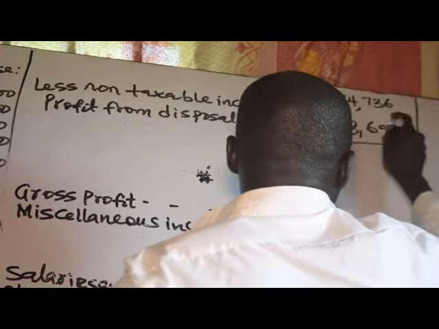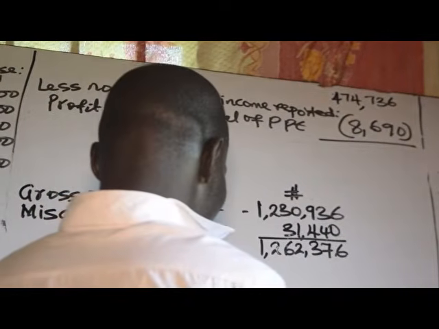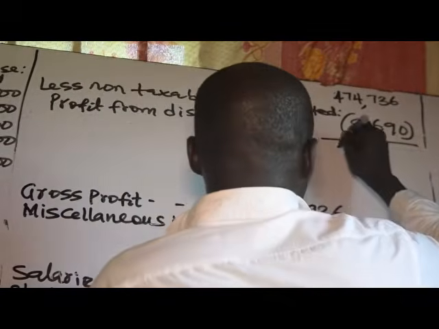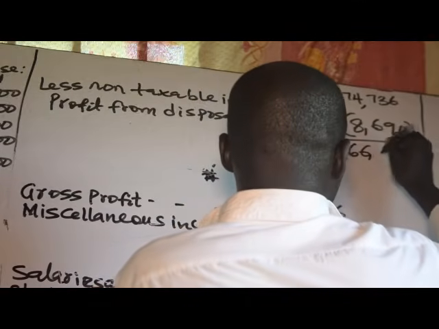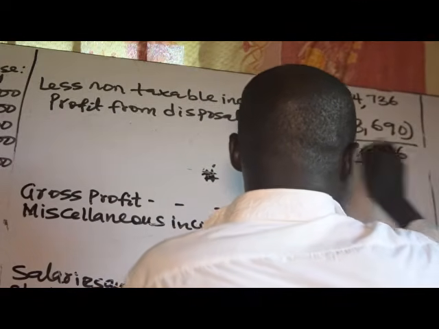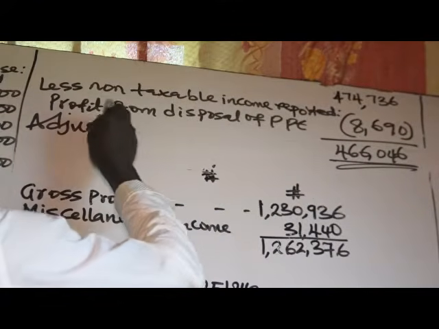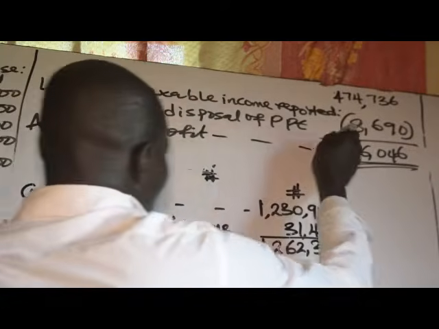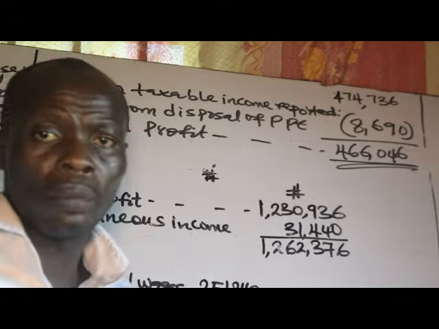If you deduct that from the total we had above, minus 8,690, then you have 466,046. This is our adjusted profit for tax purpose.